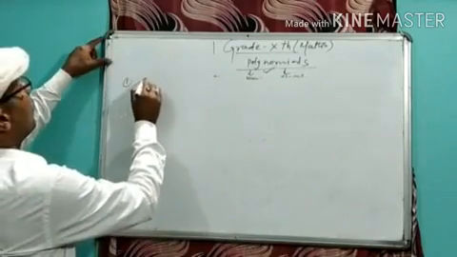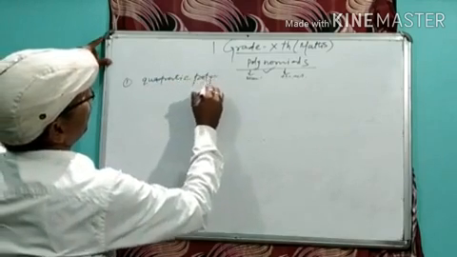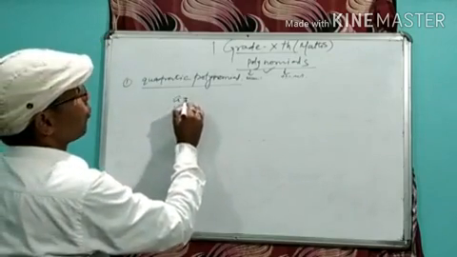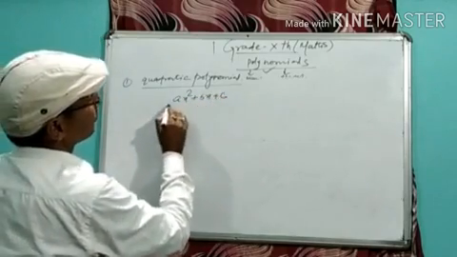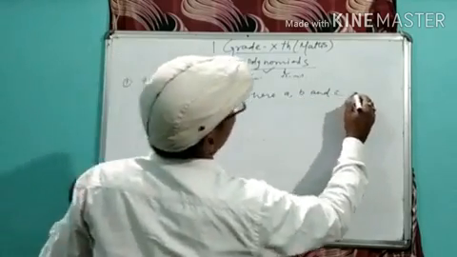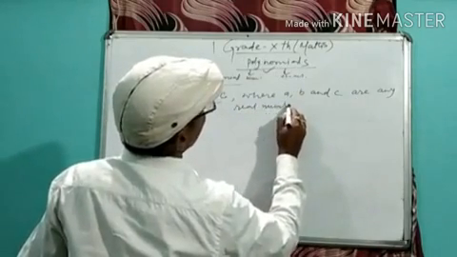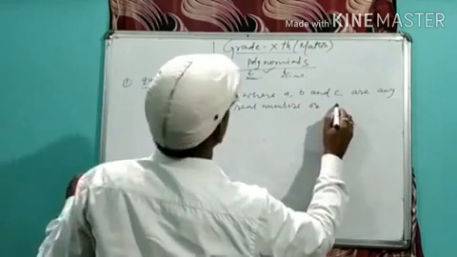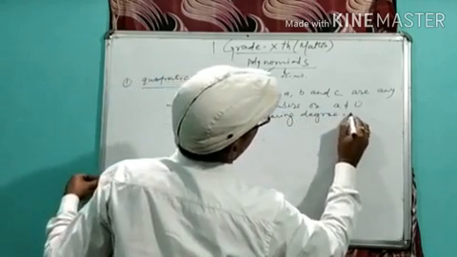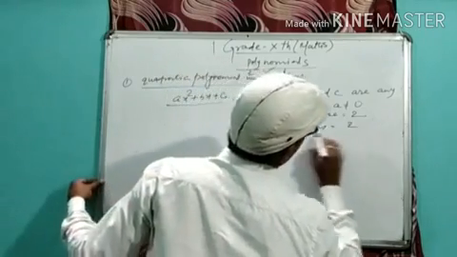The general form of a quadratic polynomial: the standard form is ax squared plus bx plus c, where a, b and c are any real numbers and a is not equal to 0, having degree equal to 2 and zeros at most 2.